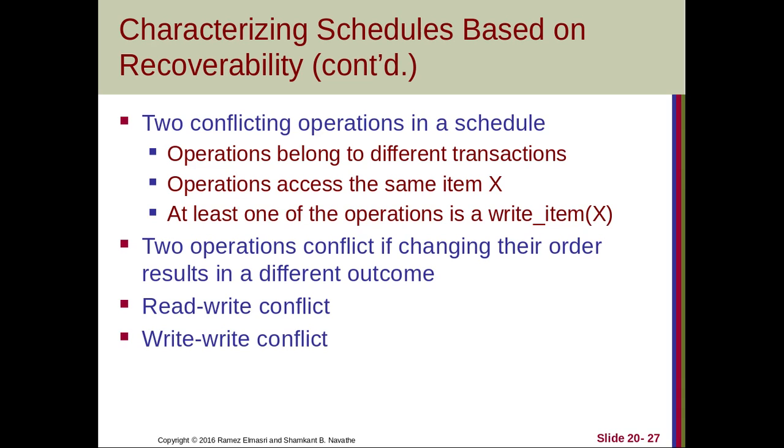Two operations in a schedule are said to be conflicting if those operations belong to different transactions. That means suppose that you have two transactions T1 and T2, then two operations are said to be conflicting if both of them belong to different transactions. One belongs to T1 and the other belongs to T2.